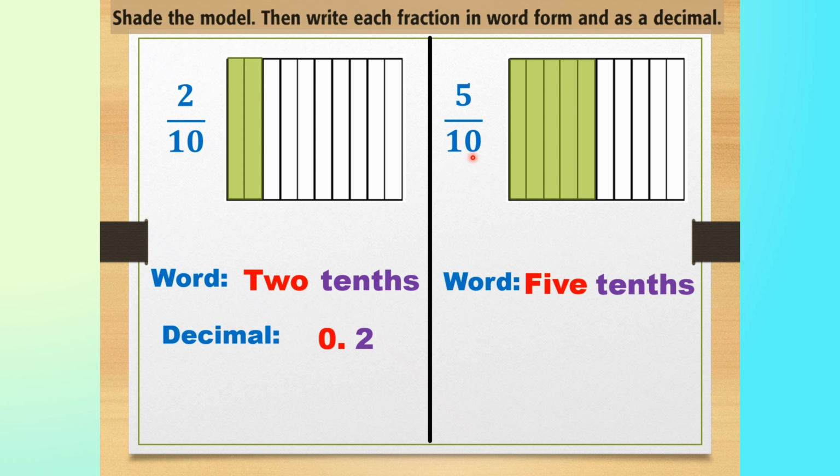Or the denominator can also help you to know what you put. Here it's 10, so it's 5 tenths. As decimal, it is 0 point the numerator, 5. And it's 1 decimal place because we have 1 zero in the 10.